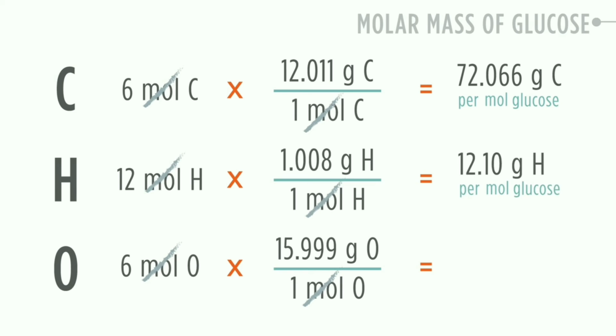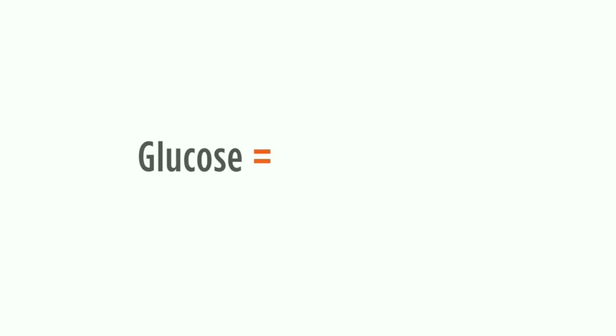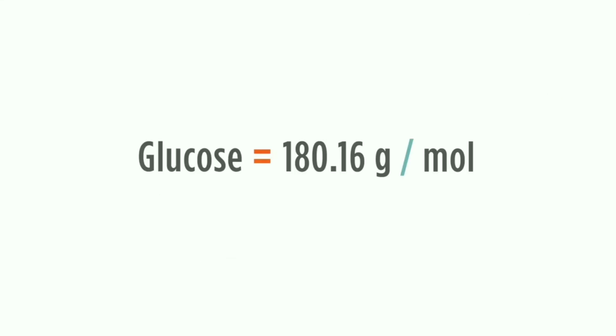For hydrogen, 12.096 grams of hydrogen per mole of glucose. And for oxygen, 95.994 grams of oxygen per mole of glucose. We can add these three together and we'll get a molar mass of glucose of 180.156 grams per mole. So that gets us the molar mass.